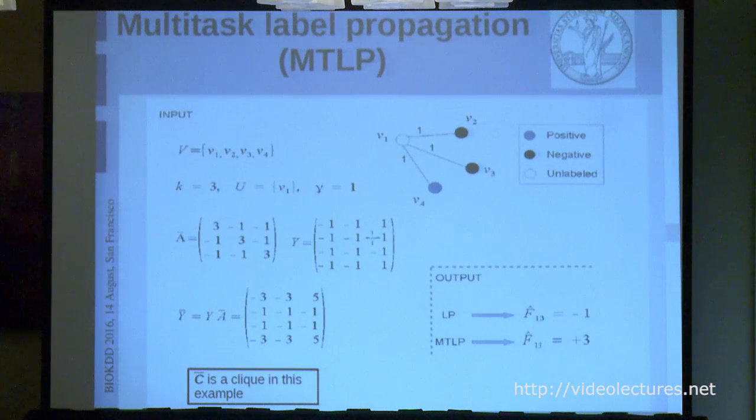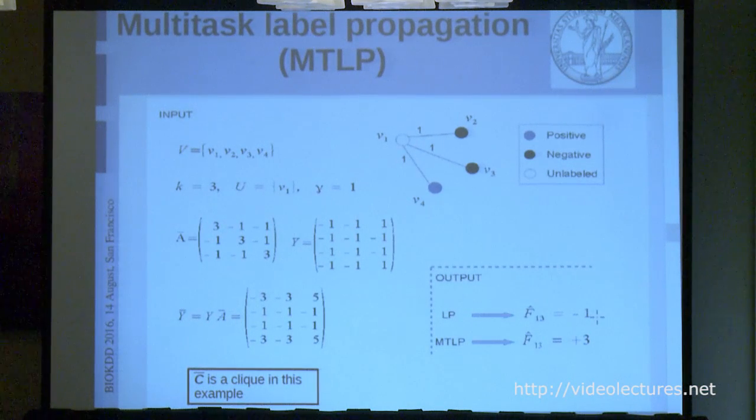Suppose now we want to predict for the third task the label of the first node. The LP base method, since here V1 is connected to all the other 3 nodes, sums the labels of all these neighbors, that is -1, -1, +1, and the result is -1.